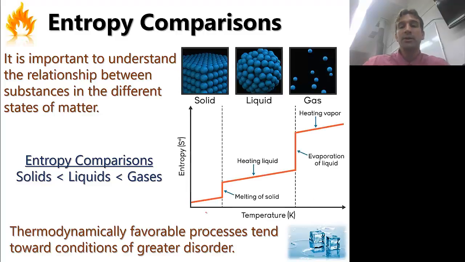So looking at our states of matter, recall that a solid is this highly organized fixed set. A liquid is close together, but not nearly as organized. And then you have your gas state where the particles are very, very spread apart. So the entropy, if you look at this graph, it's entropy versus temperature of a substance.